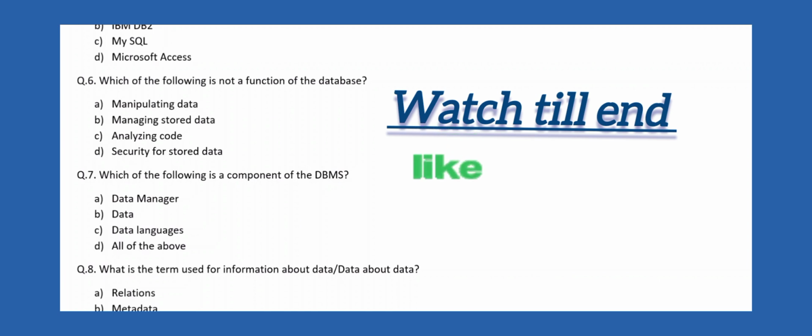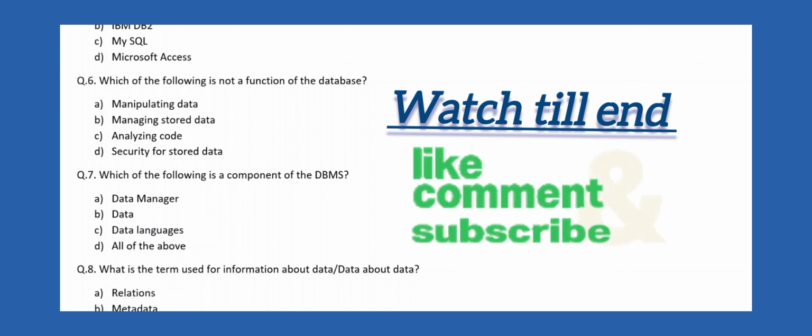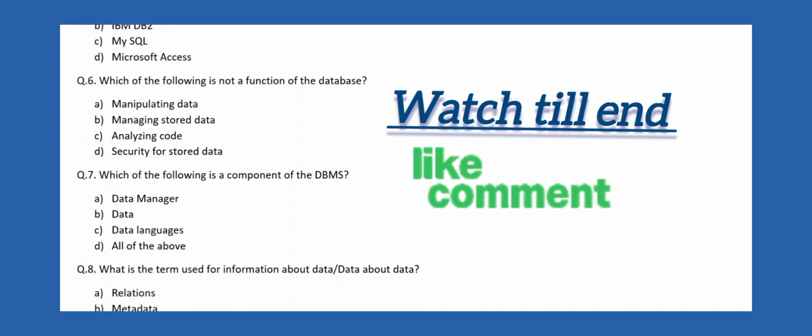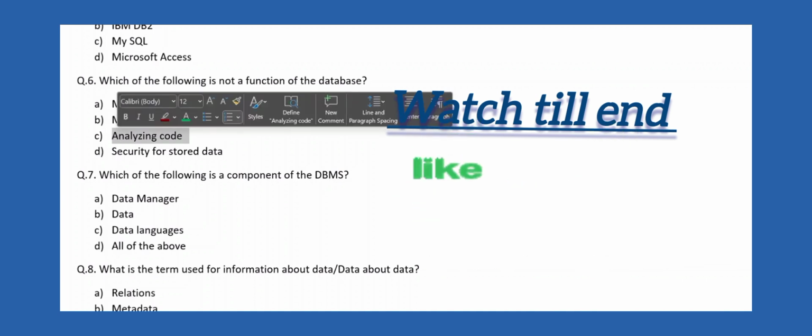As we have studied in database management system, manipulating data, managing stored data, and option D, that is security for stored data, these all three are obviously functions of the database, and option C, that is analyzing code, is not a function of database. So option C is your correct answer. This database management system does not analyze the code, but it manipulates the data entered by the user.